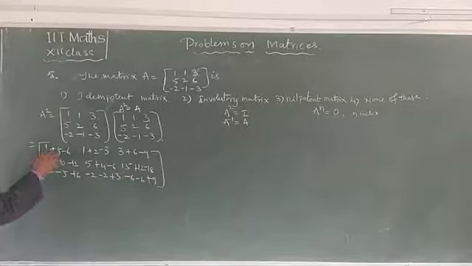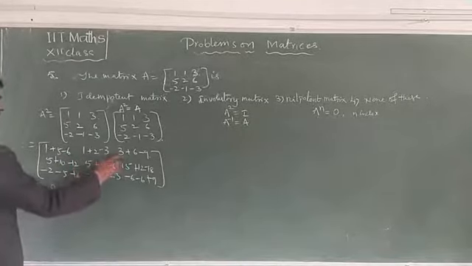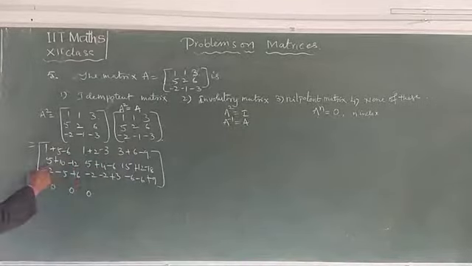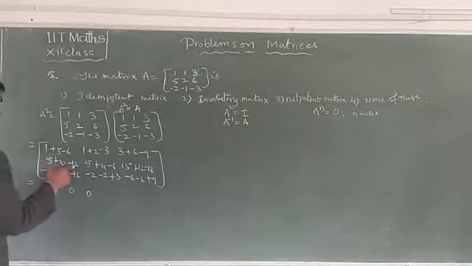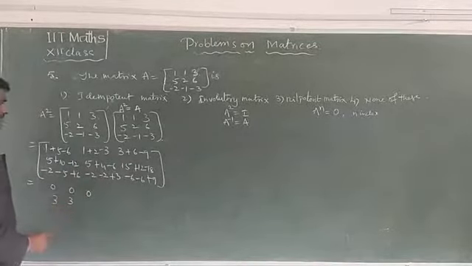Now you can write here this is 0 and here this is also 0 and here this is also 0. This is 5 plus 10, 15, 15 minus 12 is equal to 3 and this is 9 minus 6, 3.